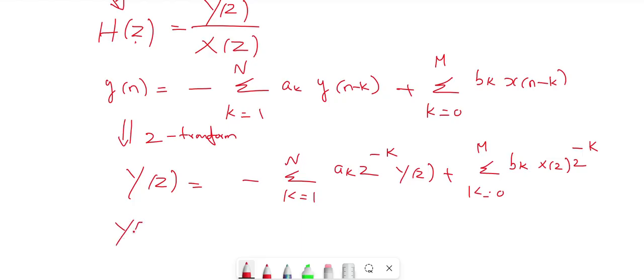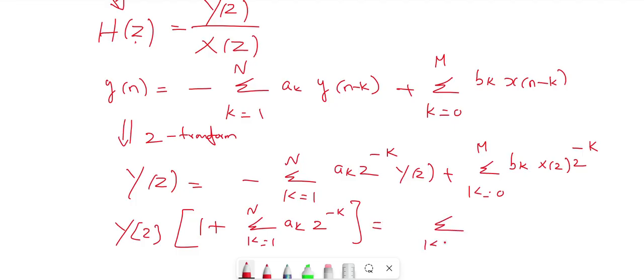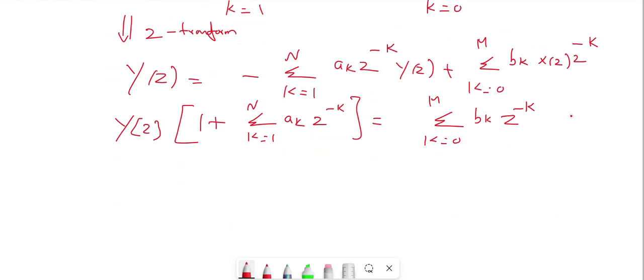Bringing this term to the left-hand side, y of z times 1 plus summation of k equal to 1 to n a k into z to the minus k is equal to the summation of k equal to 0 to m b k into z to the minus k, into x of z.